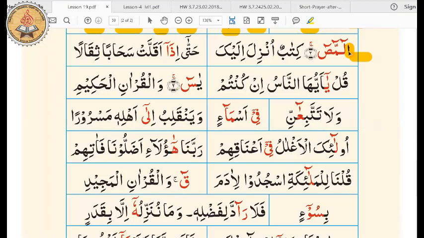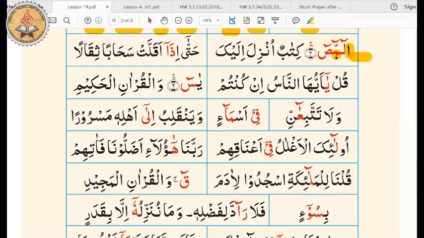So we read it: Alif, Lam. And how do we join this one with this? Which letter? Mim. So it is Alif, Lam, Mim.